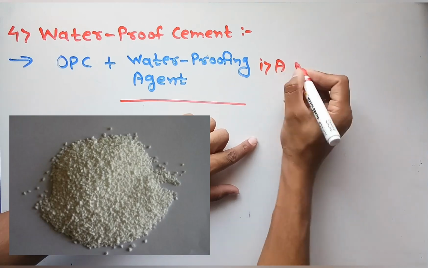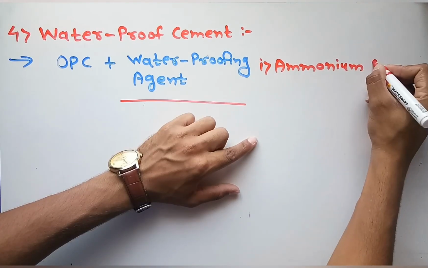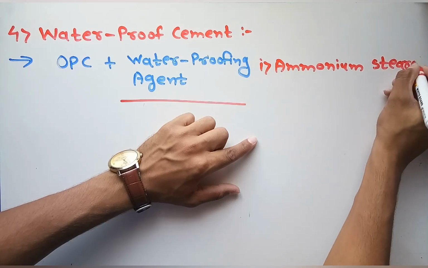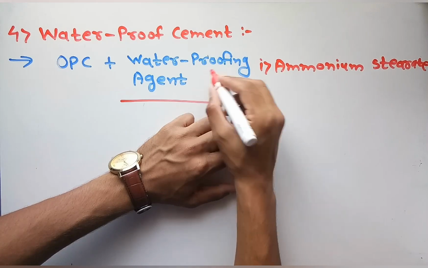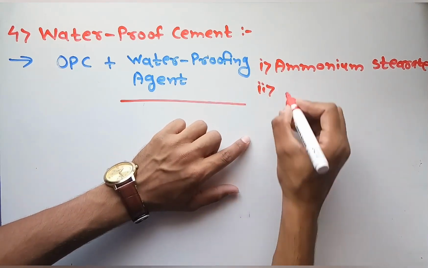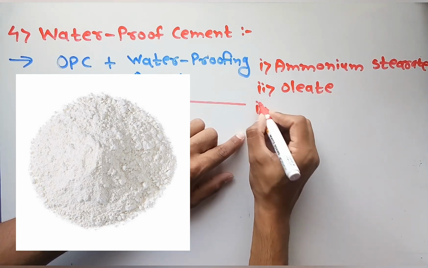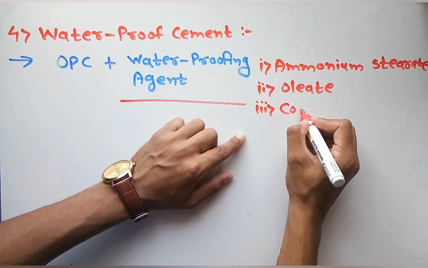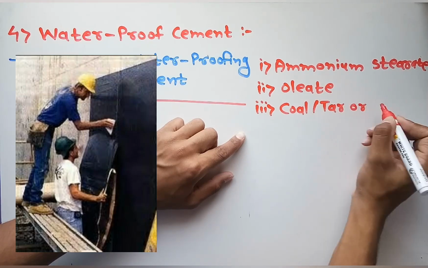Then the second waterproofing agent that we use is oleate. Then the third agent we can use is coal tar or waxes.